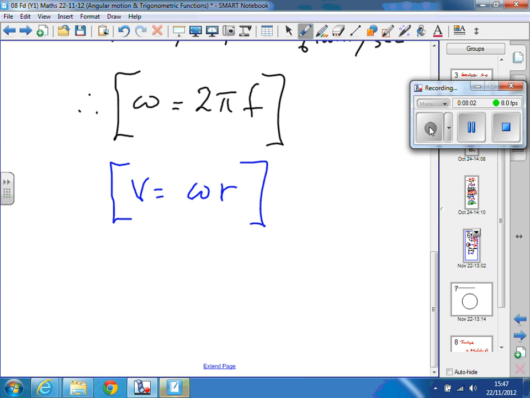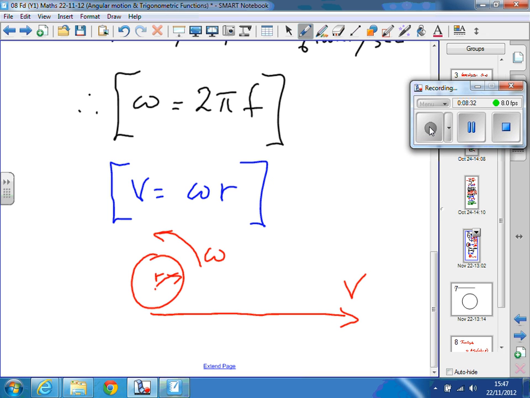Useful if I've got some rotating drum, for example, and off that is being extruded some wire or something like that. What's the relationship between the linear speed of this belt or whatever it is we're concerned with, and the angular velocity of the drum that's rotating? The relationship is just the linear speed equals the angular velocity times the radius of the circle of the drum that's rotating.